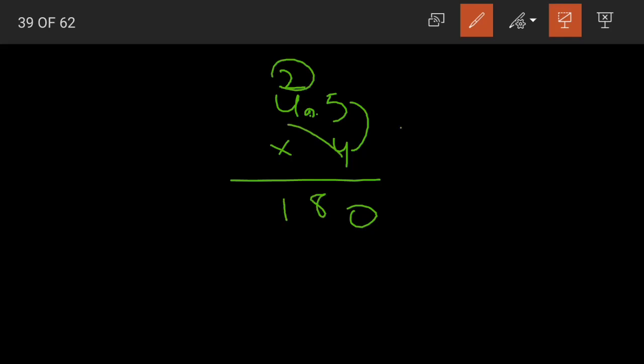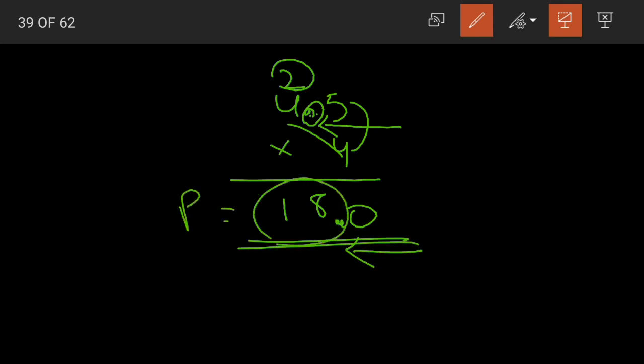Now if we look at the decimal point, it is after one number from the right. So even in the product we'll place our decimal point after one digit from the right. So 18 here is the perimeter of the given square.